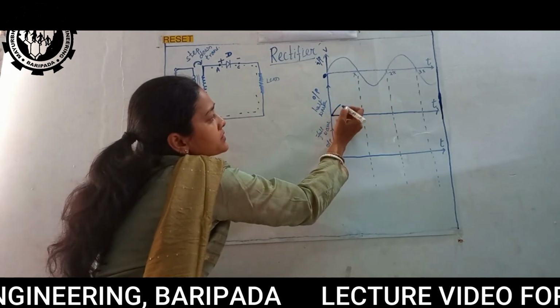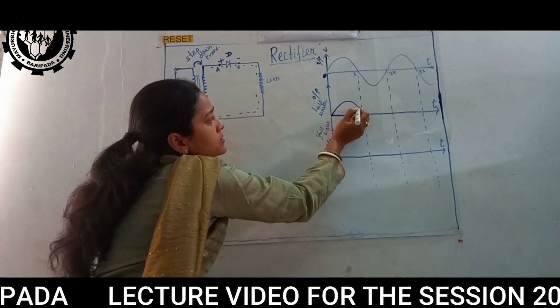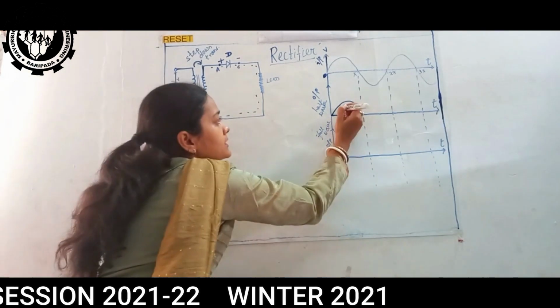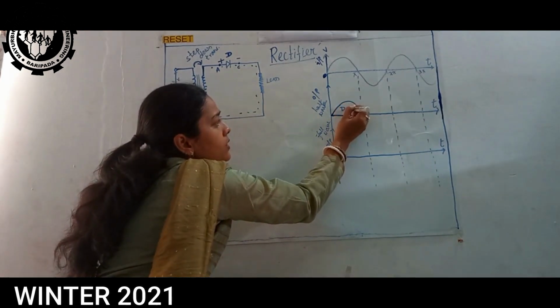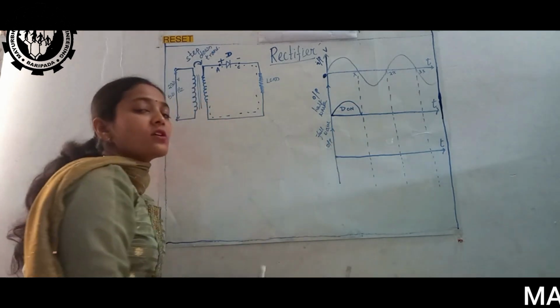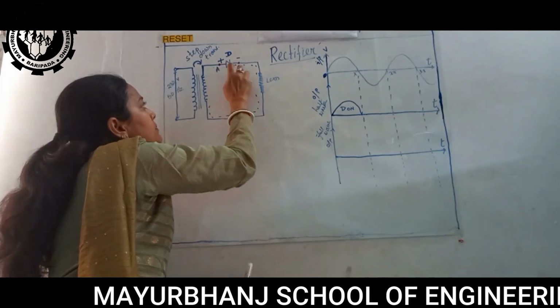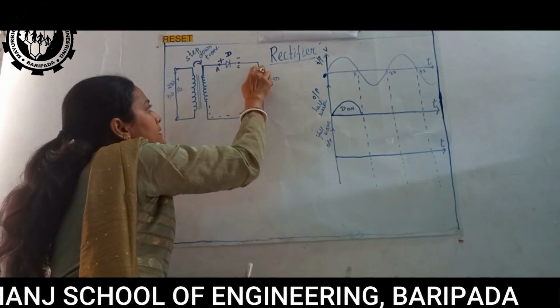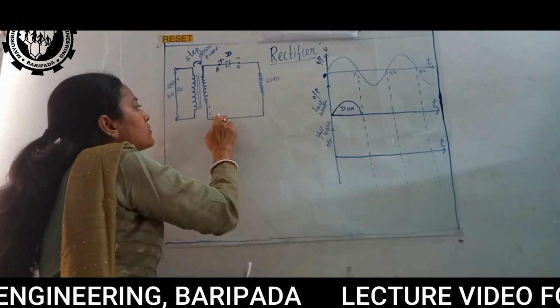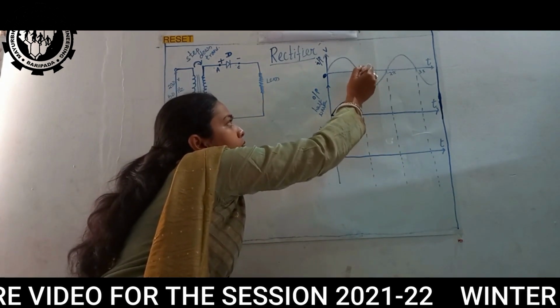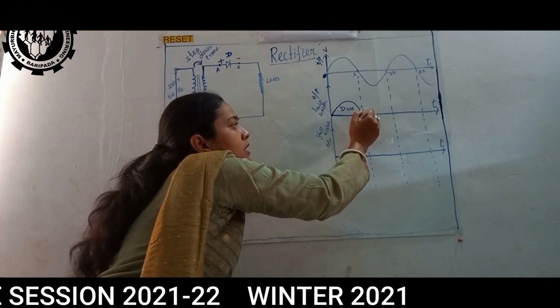It starts from here and goes up to this. This is when D is on. This diode is on, or it is forward biased. We can see from here, this is forward biased, up to pi.